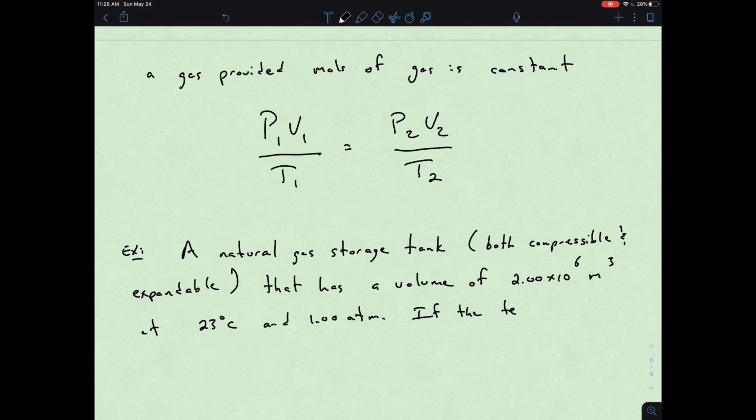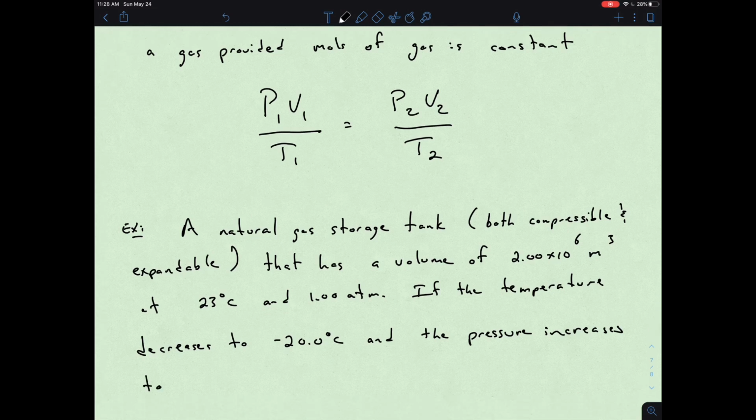Now, if the temperature decreases to negative 20 degrees Celsius, and the pressure increases to 1.12 atmospheres, what is the volume of gas in the tank?